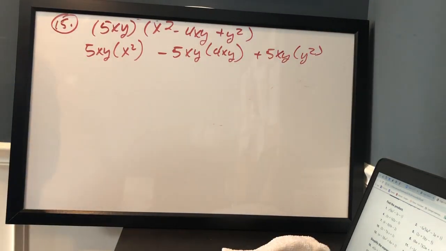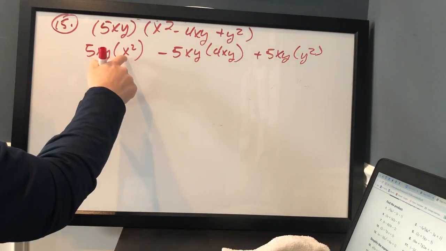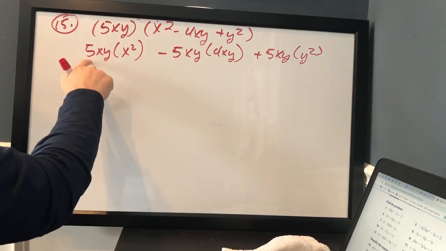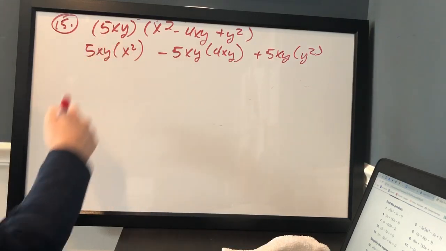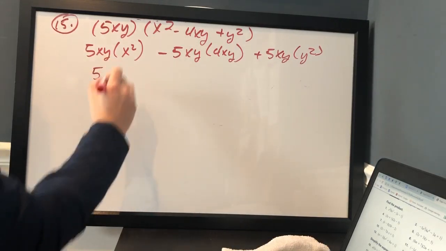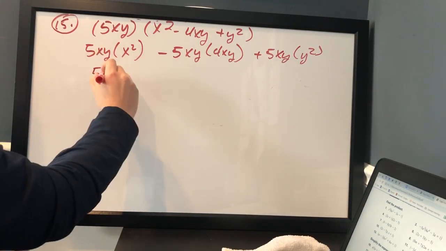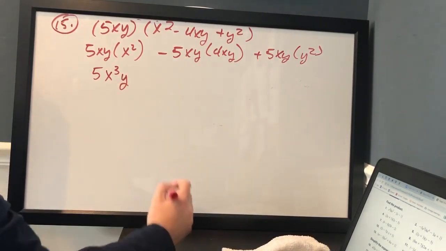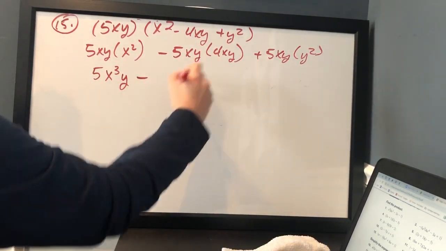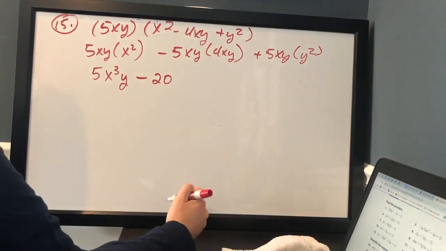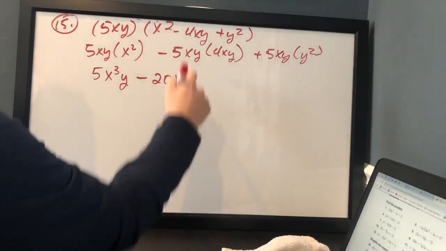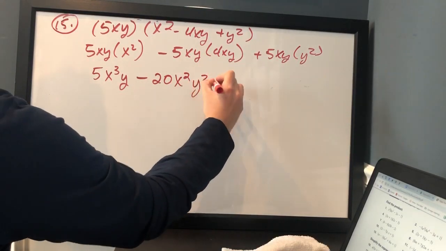All right, now in this case, you apply the exponent rules. The x's combine with the x's. There's no y's, so our y is going to stay the same here. 5 would multiply with the 1 in front of here, so 5 times 1 would be 5. 2x is here, 1x here, means we have x to the third, and then y. Minus 5 times 4 is 20. x times x, x squared, y times y, y squared.